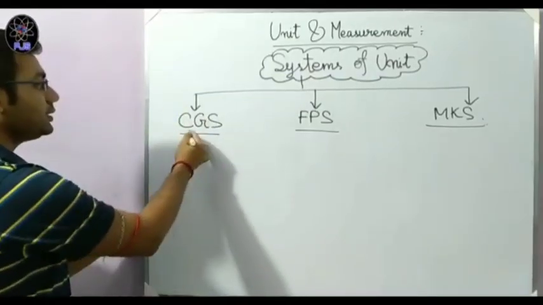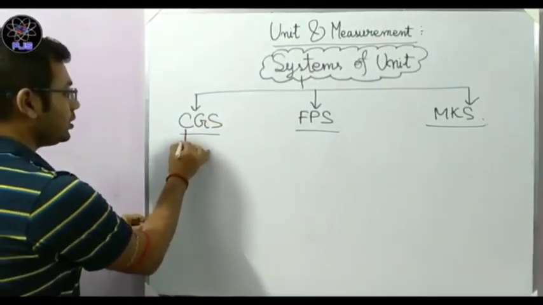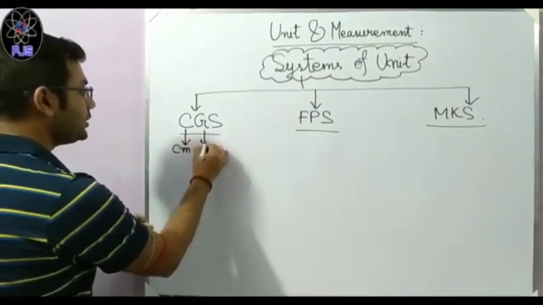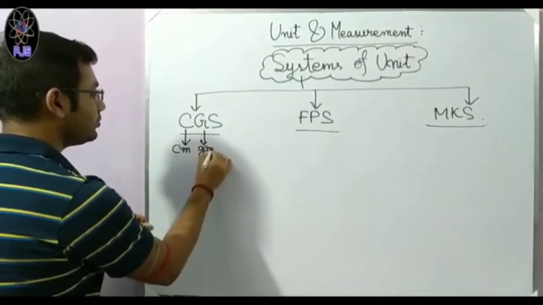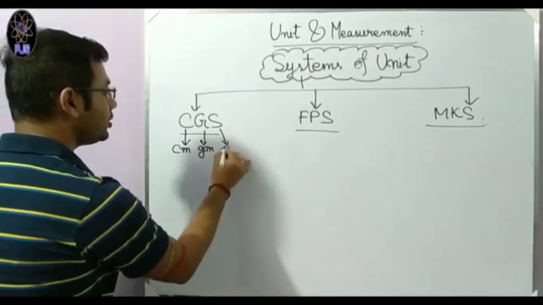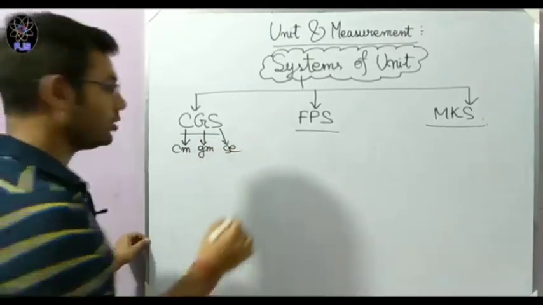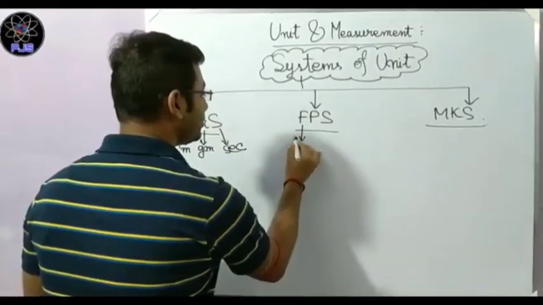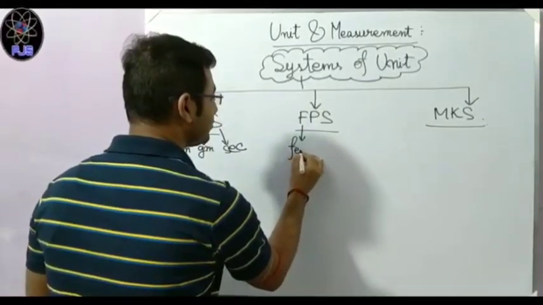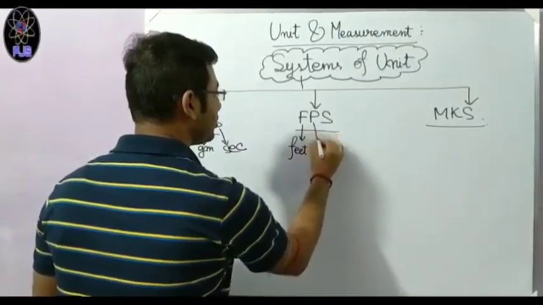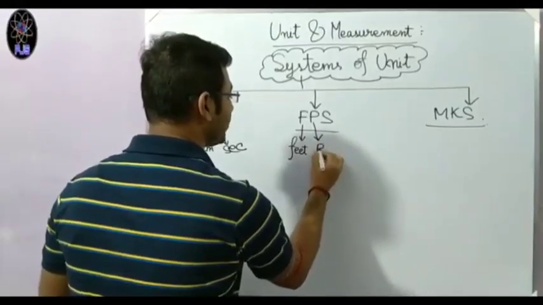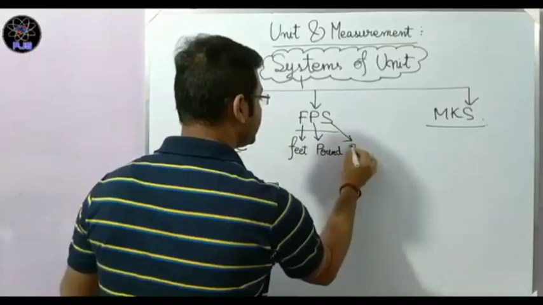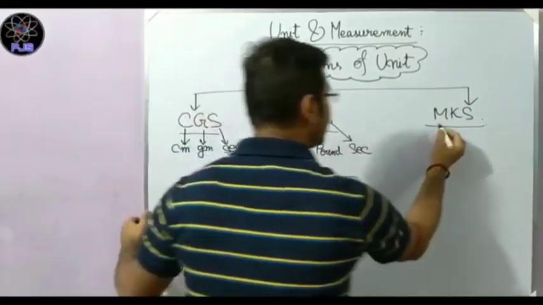Here in the CGS system, C stands for centimeter, G stands for gram, S stands for second. Okay, here F stands for feet, P stands for pound, S stands for second.